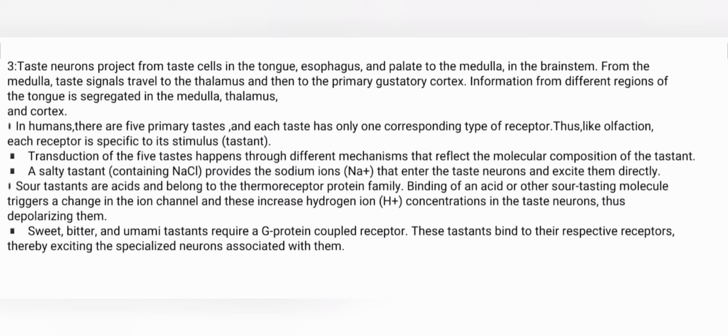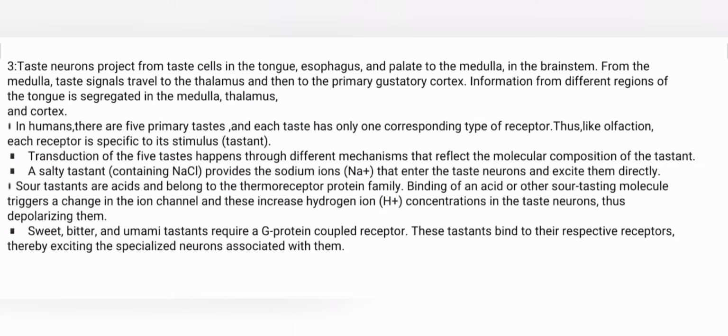The transduction of the five tastes happens through different mechanisms that reflect the molecular composition of the tastant. A salty tastant containing NaCl provides the sodium ions that enter the taste neurons and excite them directly. The sour tastants are acids and belong to the thermoreceptor protein family.